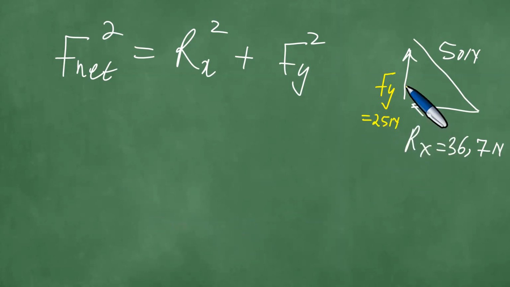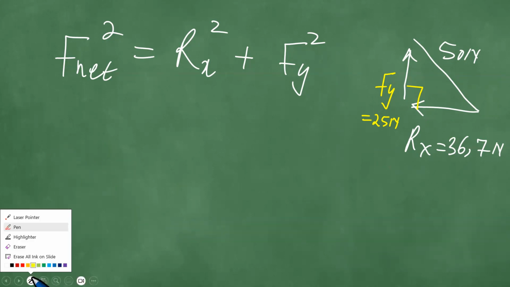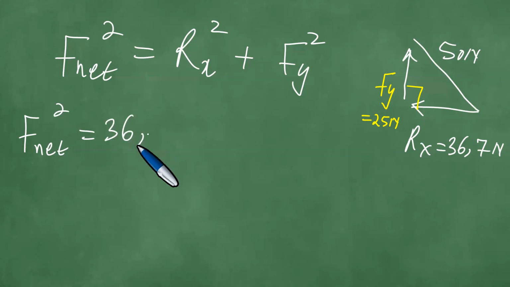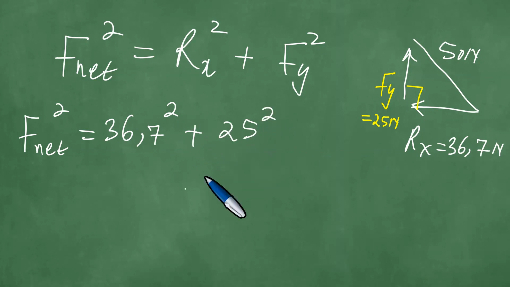All right, and this angle here is 90 degrees. So we use Pythagoras theorem to find the actual net force there. Which means that F net squared is 36,7 squared plus 25 squared.